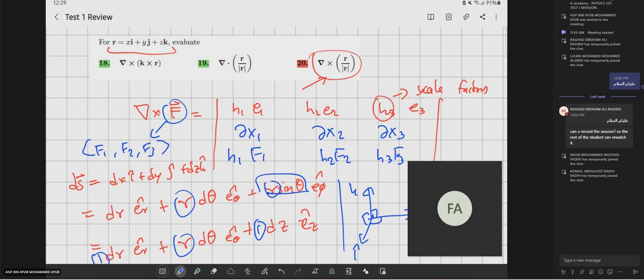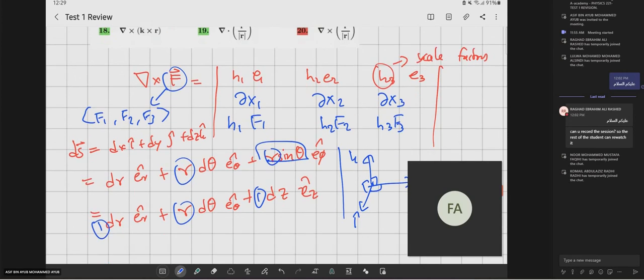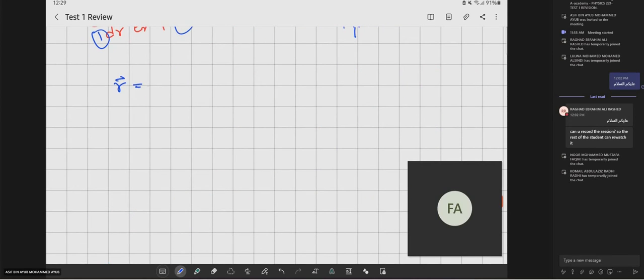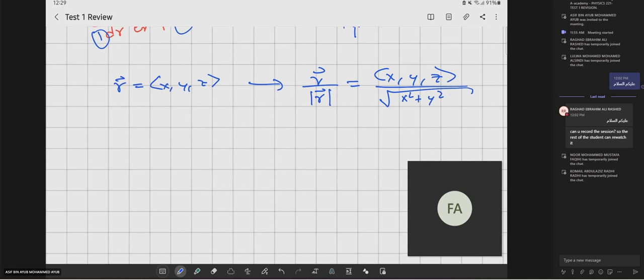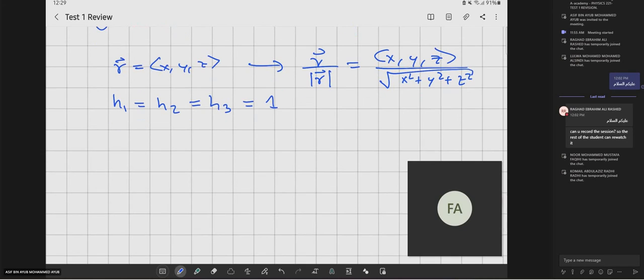So today I'm going to solve it in a different way, using Cartesian coordinates. First, they're giving me r as (x, y, z). So r over the length of r is (x, y, z) divided by the square root of x squared plus y squared plus z squared. Now for Cartesian coordinates, the scale factors are all 1, so h1 equals h2 equals h3 equals 1.